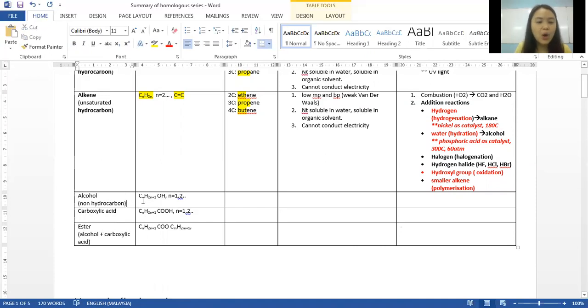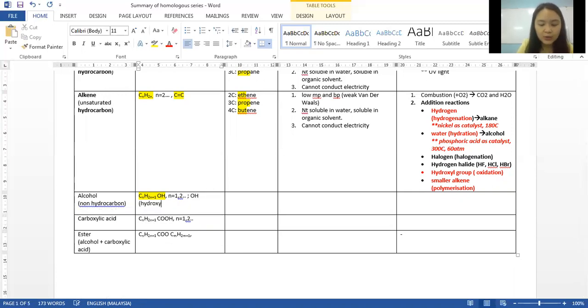Now, members of alcohol will follow a new general formula, CnH2n+1OH, whereby OH will be the functional group. OH, or we call it the hydroxyl group, is the functional group for all members of alcohol.